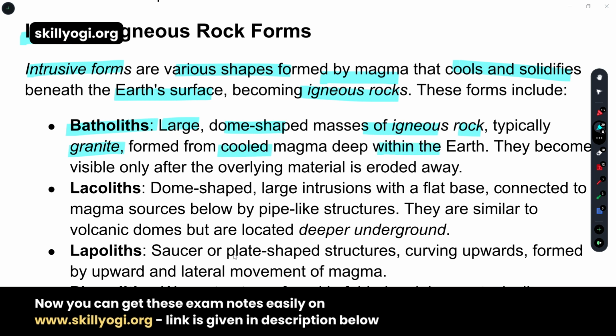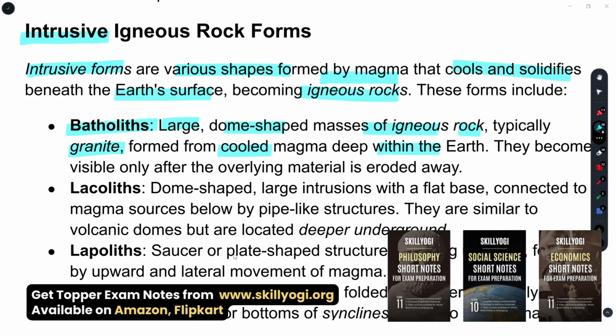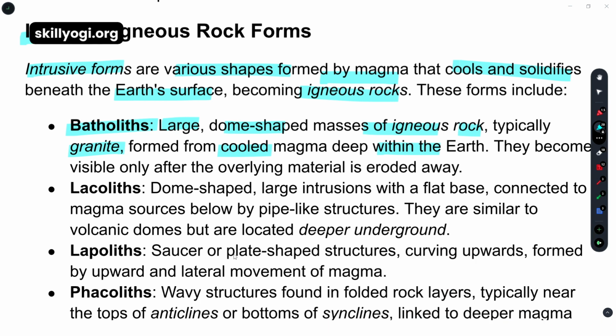Just now we learned that it's not coming outside, it stays and solidifies beneath the earth's surface. So batholith's example is granite. It forms from cooled magma deep within the earth and becomes visible only after the overlying material is eroded away. That is the first landform formed by volcanic activity.